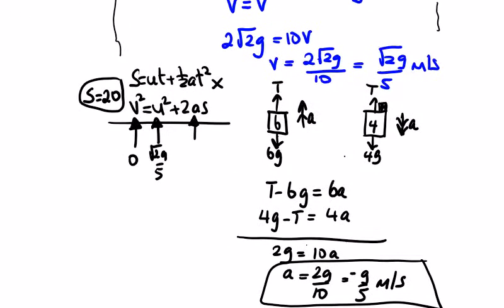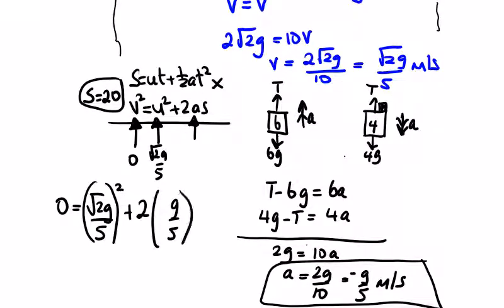So does that give us all our information here? You can see here we'd need a negative acceleration. When we put our information in, 0 is equal to root 2g over 5 squared plus twice a, and we have g over 5, oh, that's my negative acceleration, it's slowing down, times s.